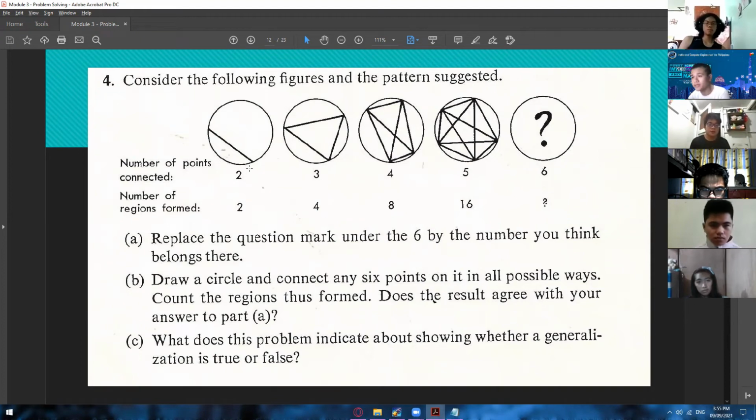If we have 2 points, this is the first point and the second point, and as a result it gives us two regions, 1 and 2. If we have 3 points, just connect all of those points to give us 4 regions. So 4 points is 8 regions, 5 points is 16 regions, but what about 6?